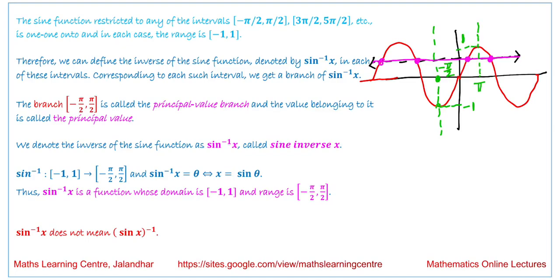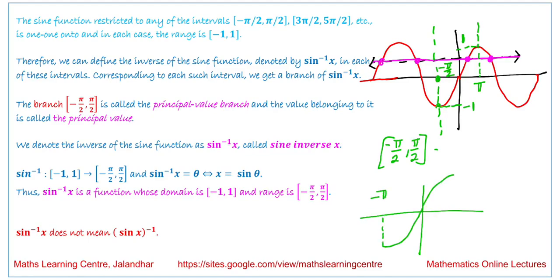So if I restrict the domain from minus pi by 2 to pi by 2, the graph of this function in this region is in this form. This is the point minus pi by 2, this is the point pi by 2, this is x axis, this is y axis, this is the point 1 and this is the point minus 1.